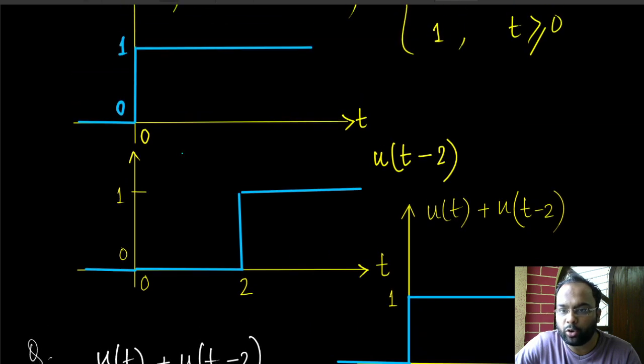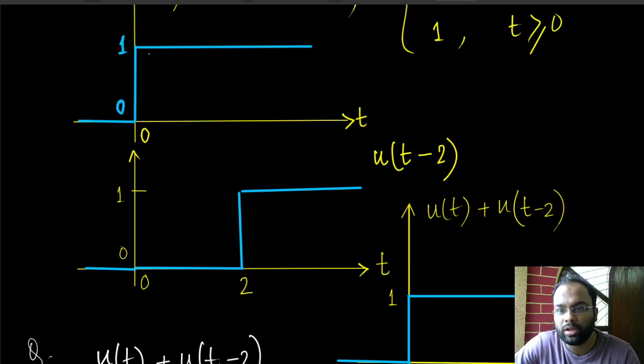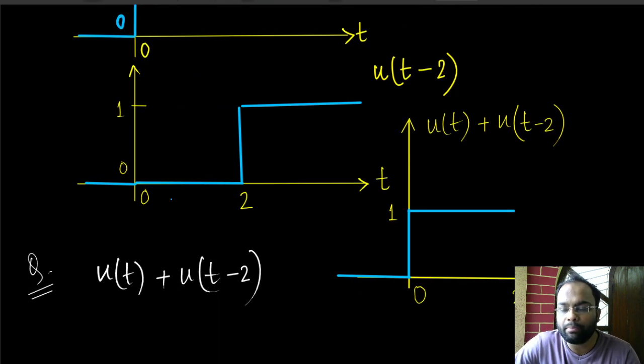But after t equal to 2, what happens? Nothing happens to the first signal. It still stays at a magnitude of 1. But the second signal jumps from 0 to 1 at t equal to 2, because this is a right shifted unit step.